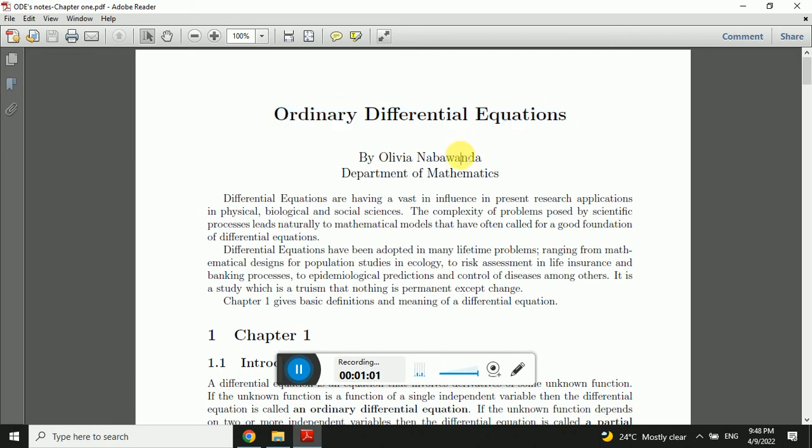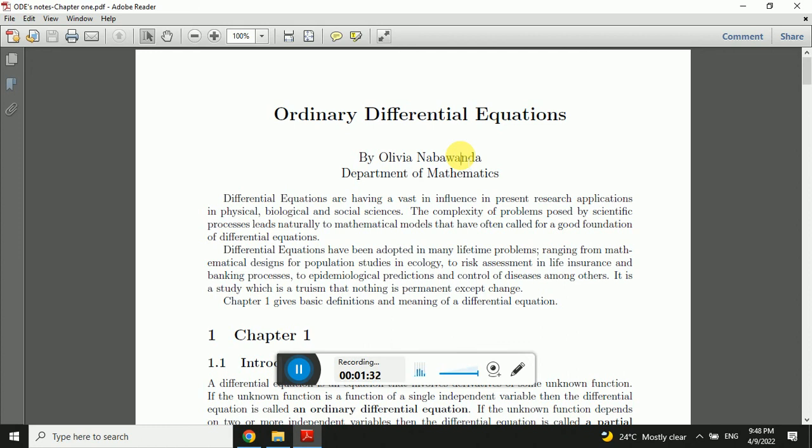I'm sure this is not the first time you're coming across differential equations, especially if you did mathematics at A level. I'm sure these differential equations are taught in high school. As I told you earlier in the WhatsApp group, among the basics which you should know is differentiation.